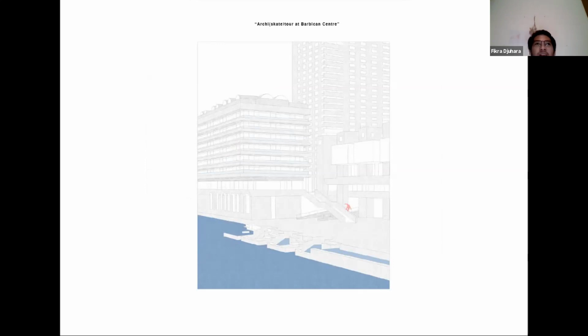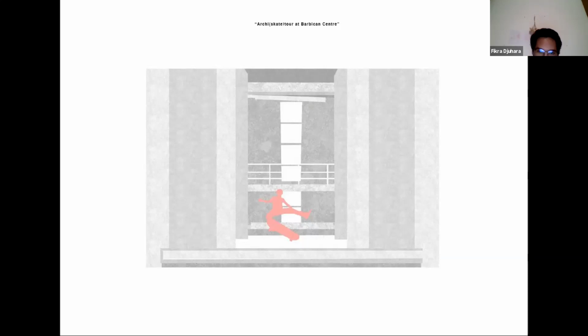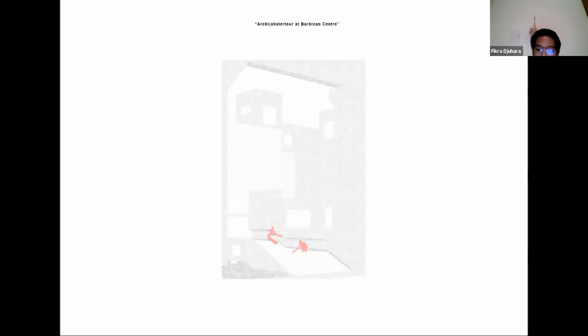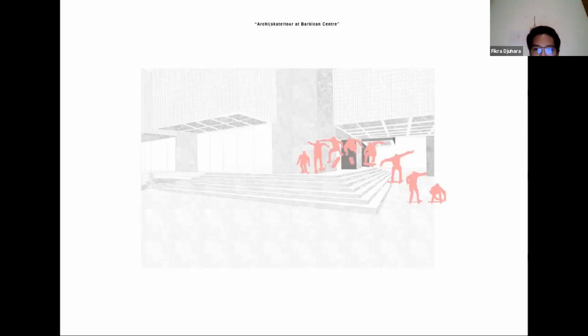We haven't got to know the Barbican exactly, spot by spot, so we also try to use our perspective as photographers, not only as skateboarders. There could be so many perspectives or tricks that they could do in the Barbican.